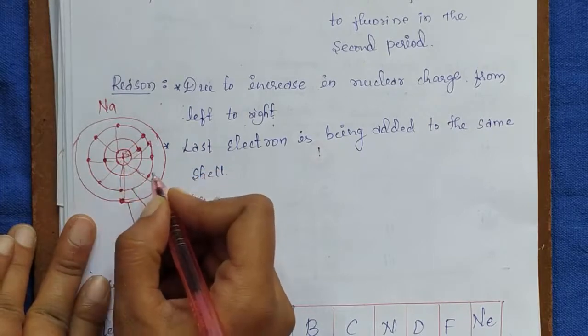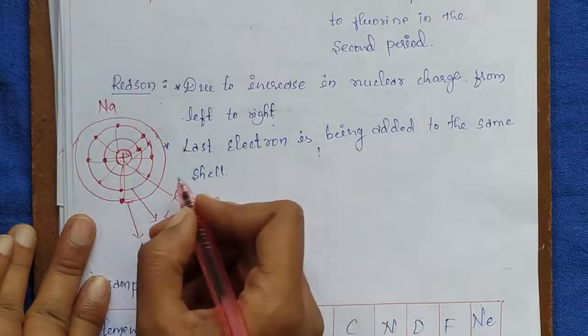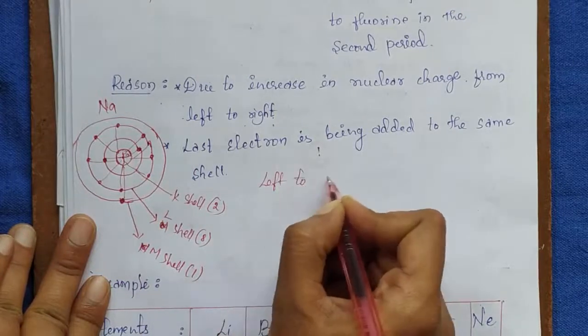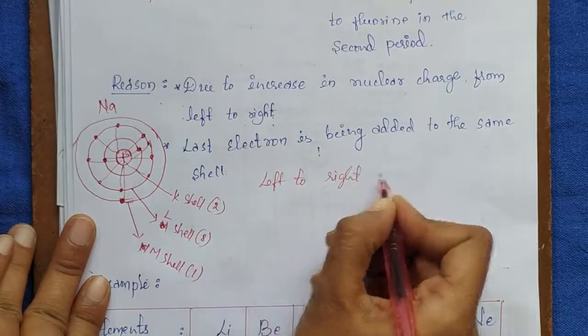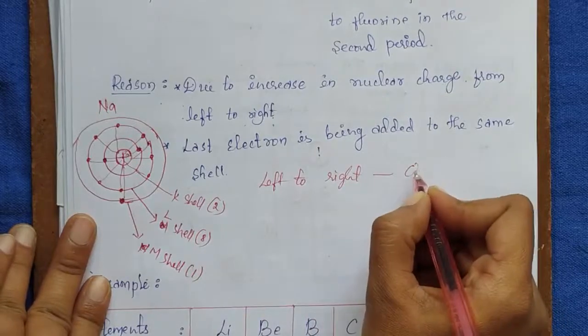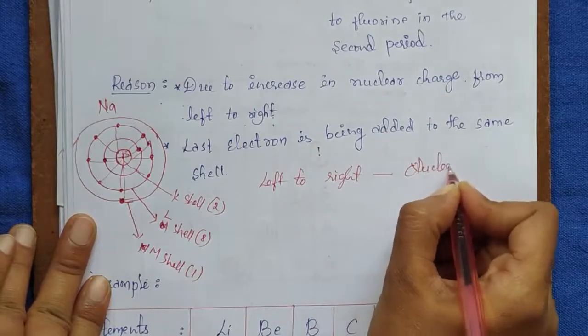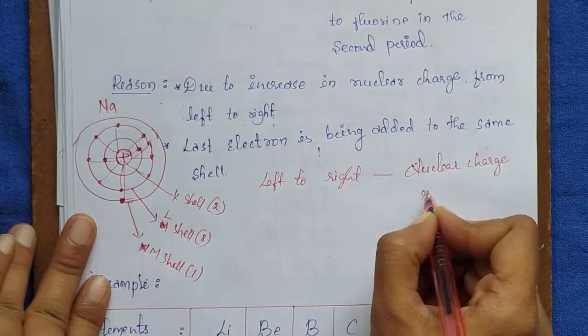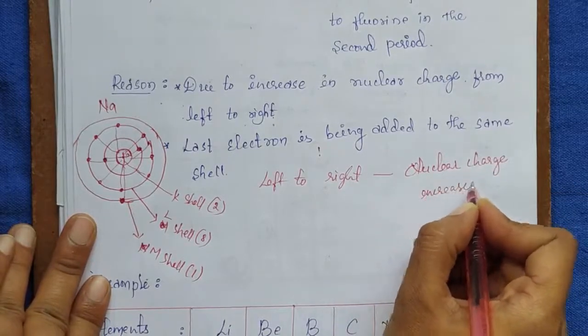As we move across the period, that is left to right, nuclear charge increases.